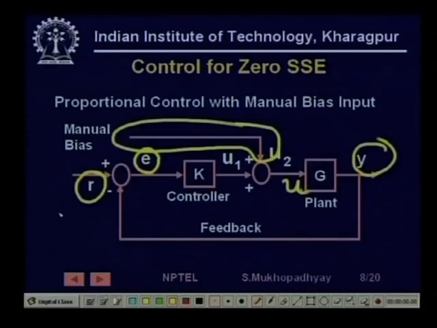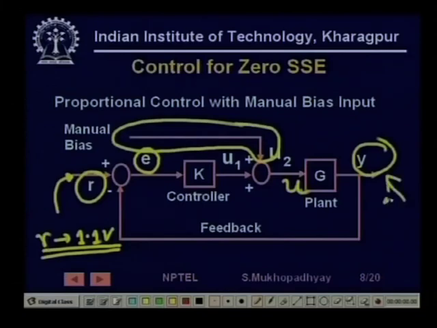There are two things that could happen. Either you could artificially increase this R. If you really want the output to stay at 1 volt, you give an R of maybe 1.1 volt. What volt you have to give, you have to calculate, but you artificially increase it to 1.1 volts, so that you get 1 volt, which is the real output you want.